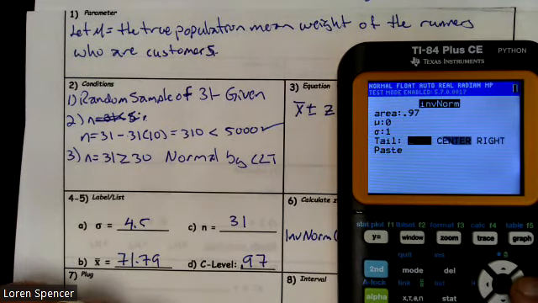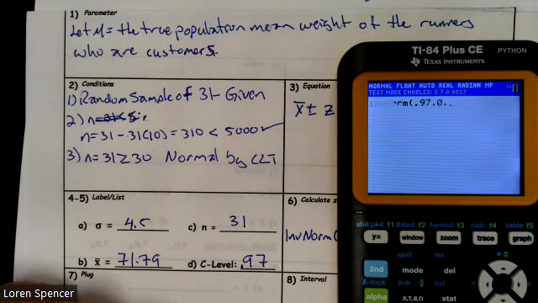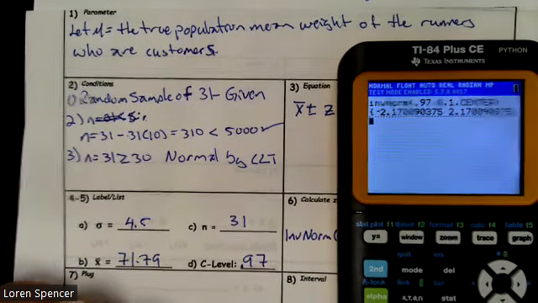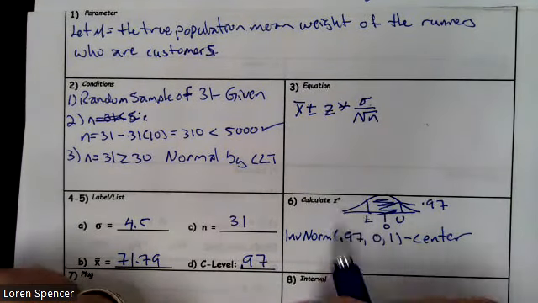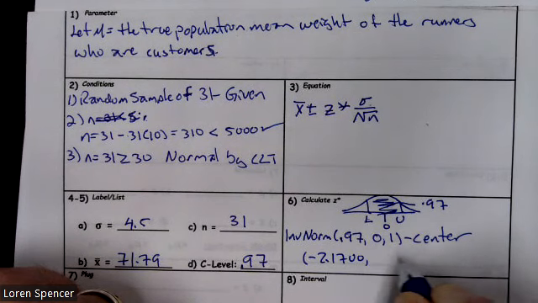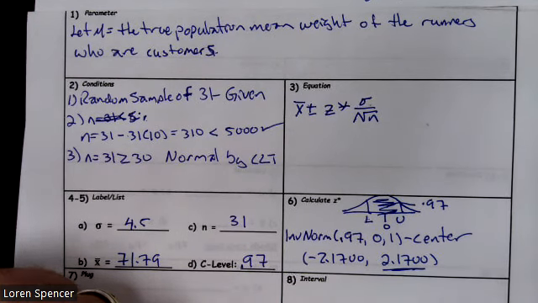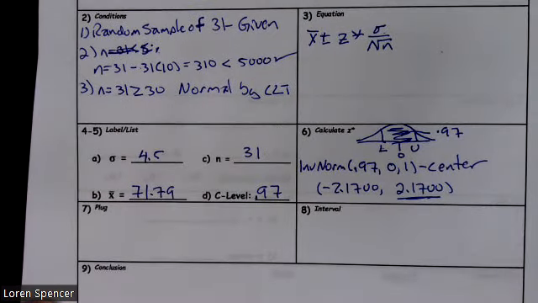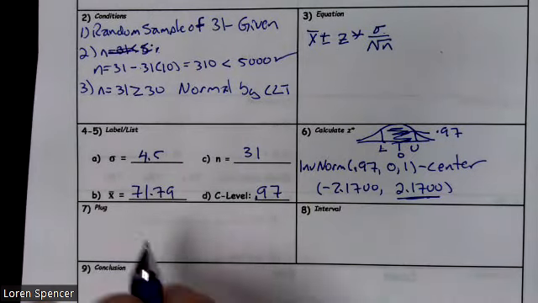Oops, we're centered. And once again, it's the 0, 1 because we're working with a z-score. And we end up getting 2.1700, positive and negative. The one we care about is the positive, because the next thing it's going to do is ask us to plug into that equation.